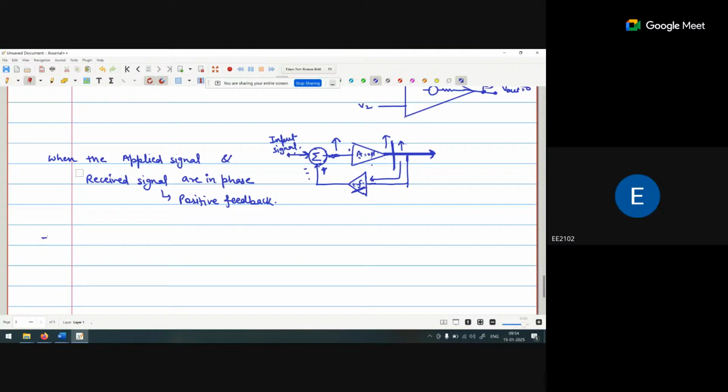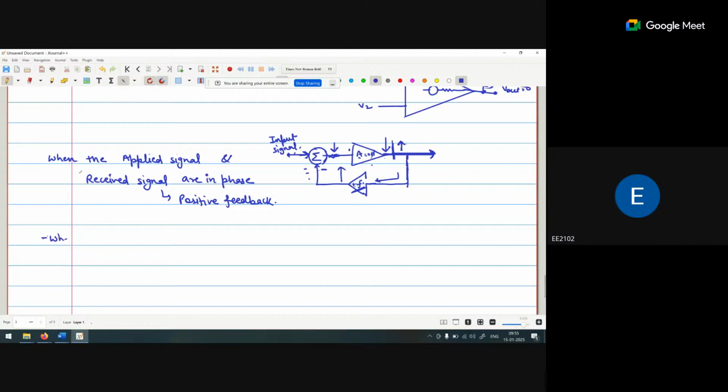Okay. Similarly, I am taking this as negative. So if I make a minor increase at this point, it will multiply with this one, so it will be increasing more. Now it is a minus sign, so that means it will be decreasing. If it is multiplied with A, the gain, it will be decreasing more.